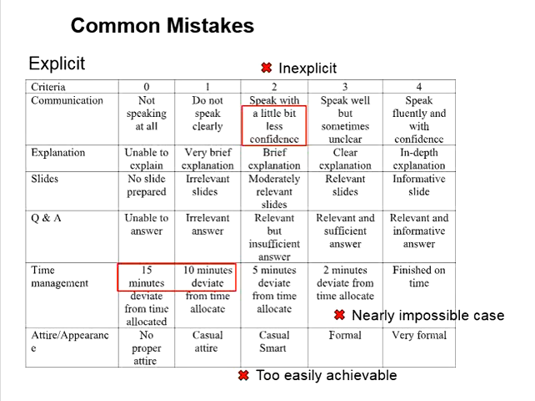Another thing is in this performance criteria statement here: speak well but sometimes unclear. What does it mean by sometimes? And when you put this as performance level 3, which is the second best out of all the performance levels, normally we would like to express it in a positive manner instead of negative.